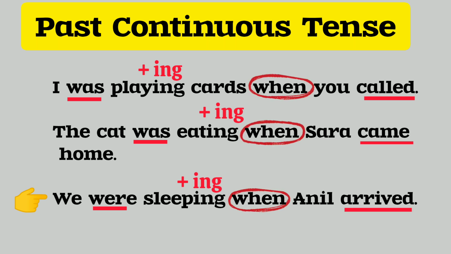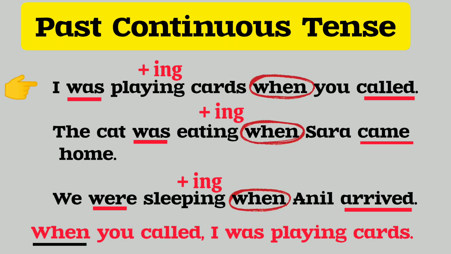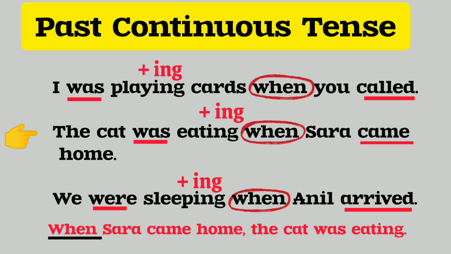So that was that next interrupting action. Now, it is also important to notice that we can also switch the order of this sentence. And we can say, when you called, I was playing cards. When Sarah came home, the cat was eating.